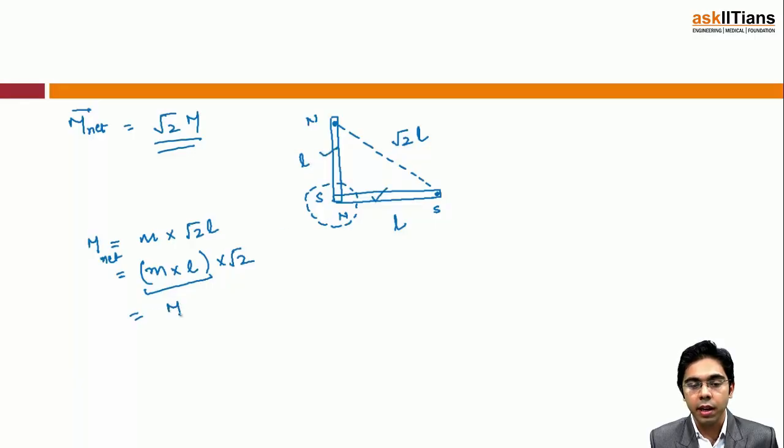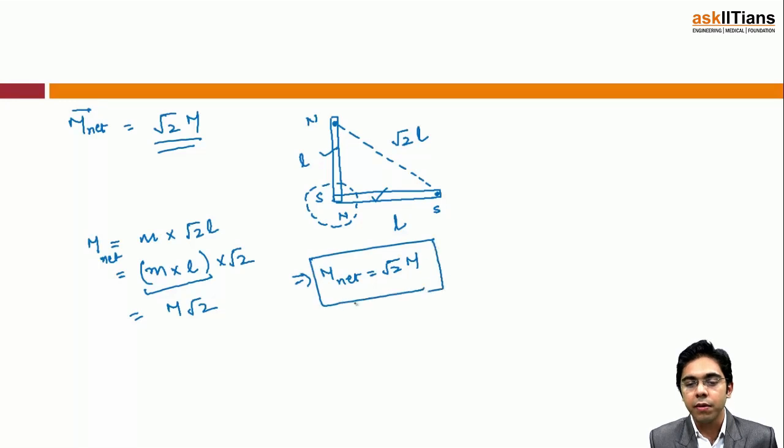So this is M into root 2, or M net is equal to root 2 M. So if we look at it this way, the answer comes out to be the same as by the first method. Whichever method you apply, the answer will be the same.